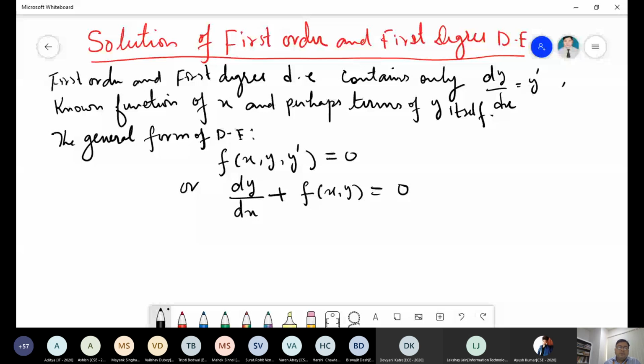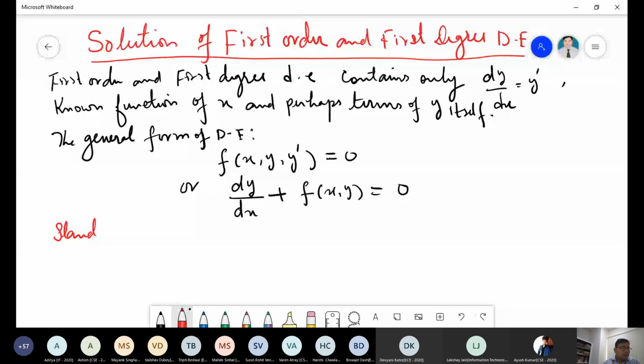Now the question is, what are the methods to solve these equations? Standard methods to solve these equations. And this can also be written like this.